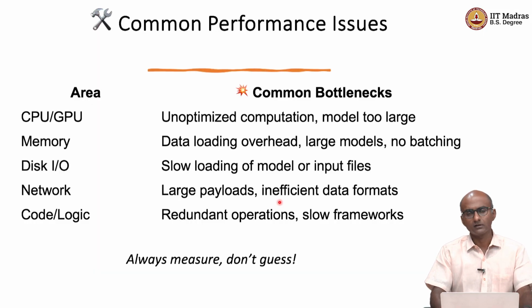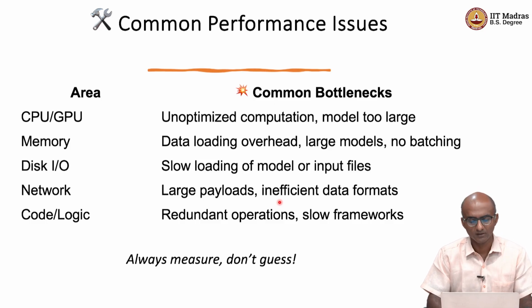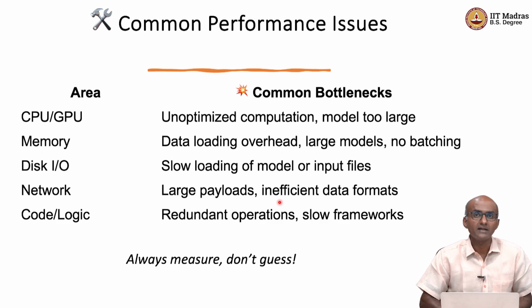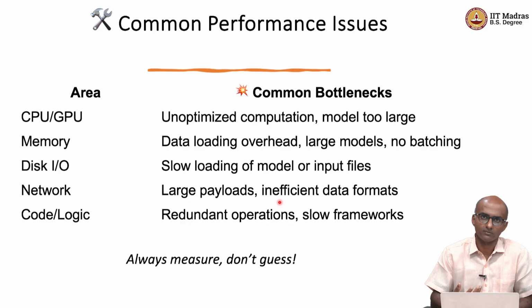So let's talk about performance management, which is one of the key aspects of machine learning execution in production. Some of the more common performance issues are as follows. Because each of these issues has specific reasons, they would entail specific actions that need to be done to alleviate the performance problem.